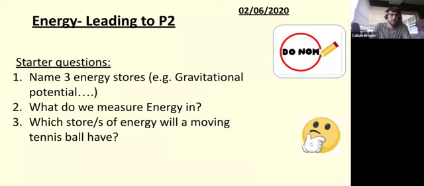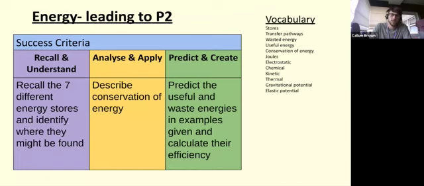So I'm going to let you guys have a little think about that whilst I just show you what our success criteria is going to be on here. And as Mr. Lamb had explained at the start, there will be an opportunity for you guys to be asking questions in the Q&A box, but also there's going to be 4 different multiple choice polls that I'm going to give you throughout this presentation.